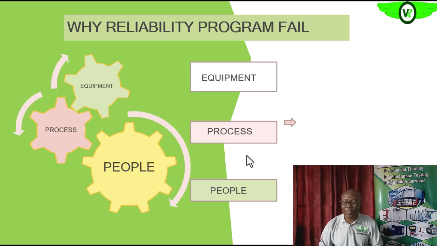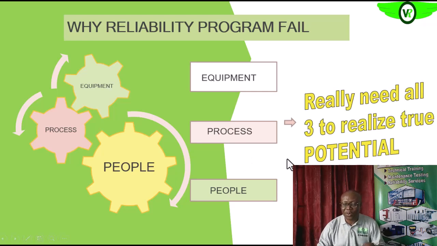So as you see, we really need all three to realize the true reliability potential of our assets. Okay, so these are some of the reasons why reliability programs fail.